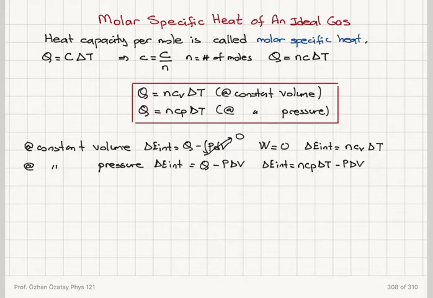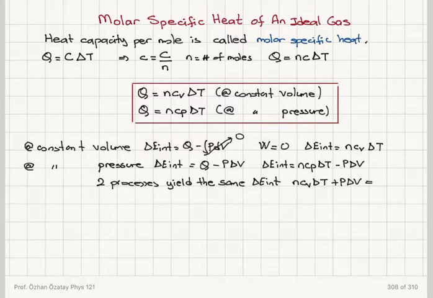Now, if we are increasing the internal energy by the same amount by using a constant volume process or by using a constant pressure process, the same two processes yield the same change in the internal energy. Then you will find that N Cv delta T plus P delta V must be equal to N Cp delta T. So the same internal energy change.